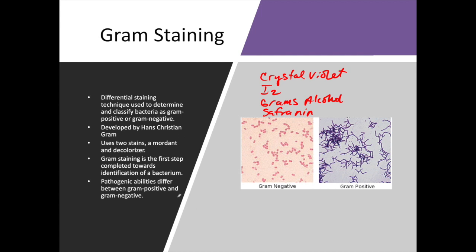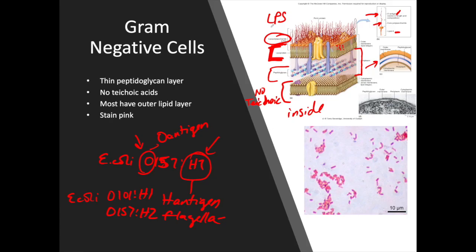Gram staining, like I said in the last lecture, is the very first thing that's done for the identification of a bacteria. We have to know if it's gram-positive or negative. And the pathogenic abilities of these two organisms differ. I'm going to go back real quick to this LPS right here.